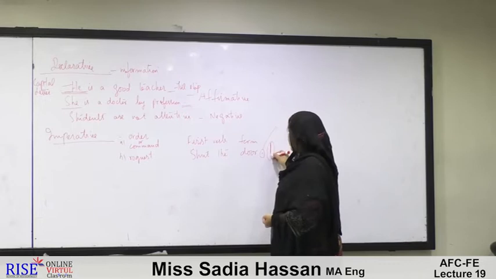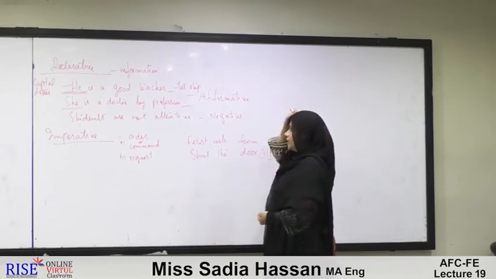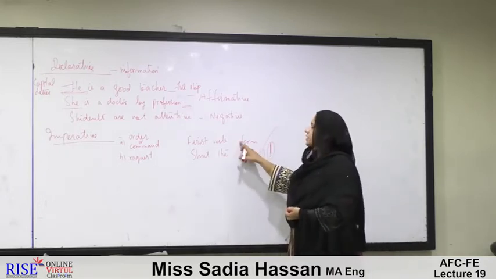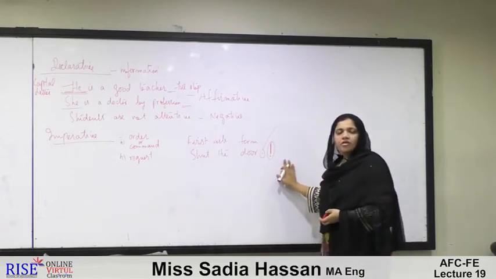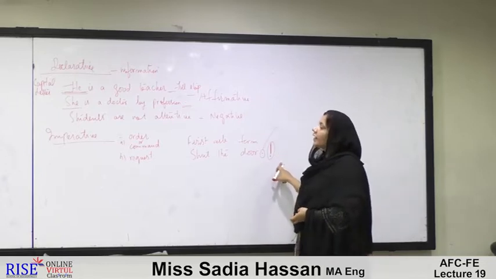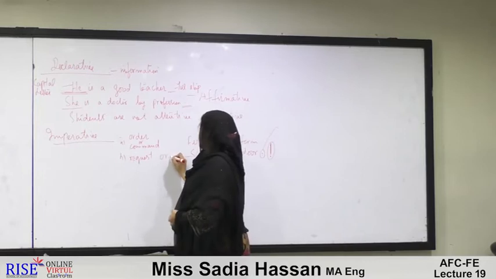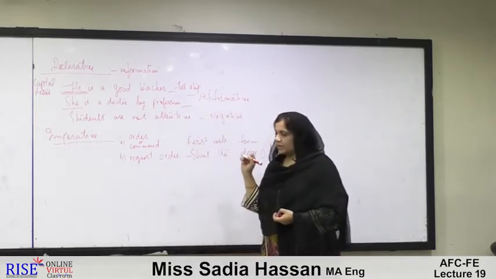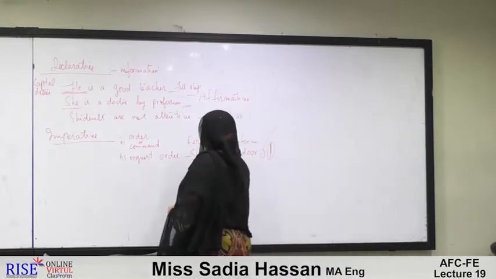So this is called an imperative sentence because it starts with the first verb form, and it might close with the full stop or the sign of exclamation. This is a command or order. This is an example of an imperative sentence showing an order. We could always have it. Help.